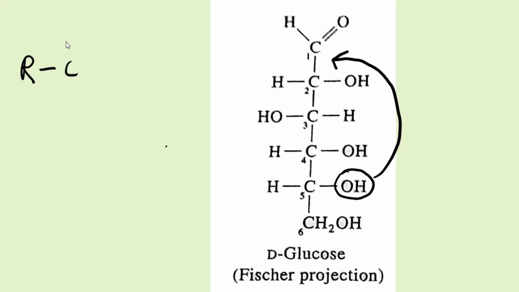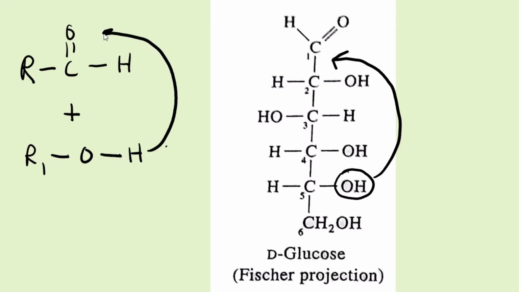So if I just show you how this reaction takes place, here we have the aldehyde, and if this aldehyde reacts with an alcohol, what happens here is that this hydrogen ion will be given off to this oxygen, and one of the bonds of this double bond will now be taken up by this hydrogen ion, and a hemiacetal is formed.